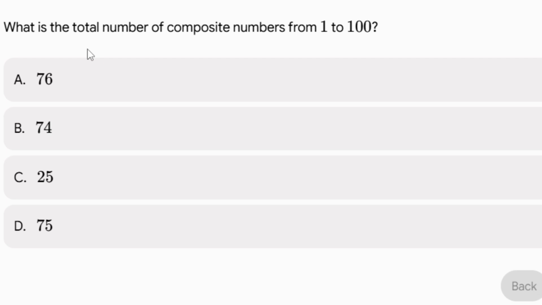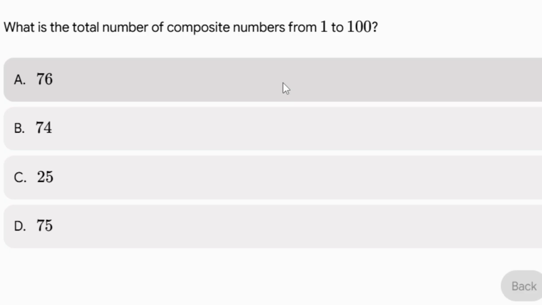First question: what is the total number of composite numbers from 1 to 100? From 1 to 100, prime numbers are 25. 1 is neither prime nor composite.